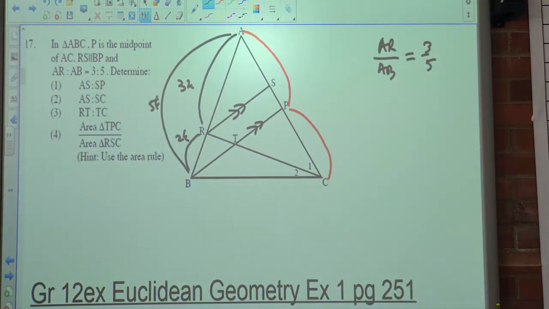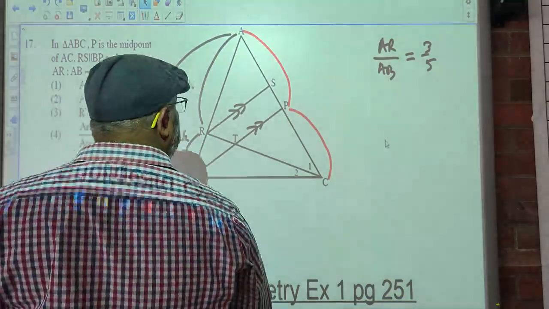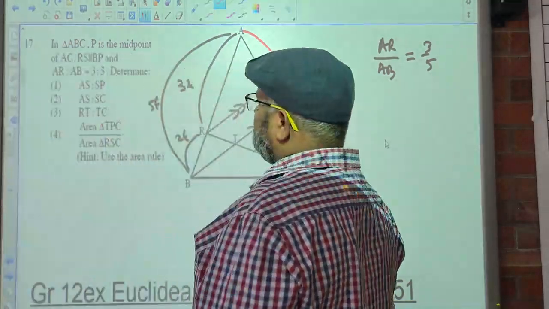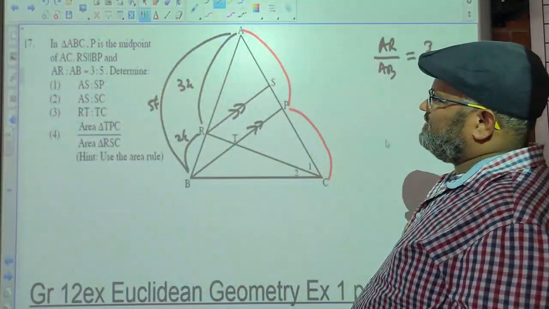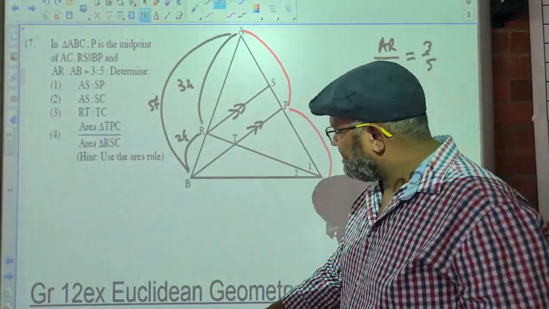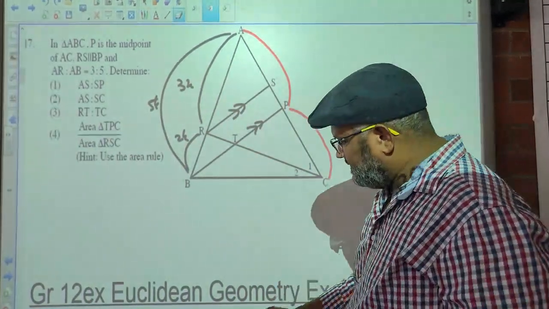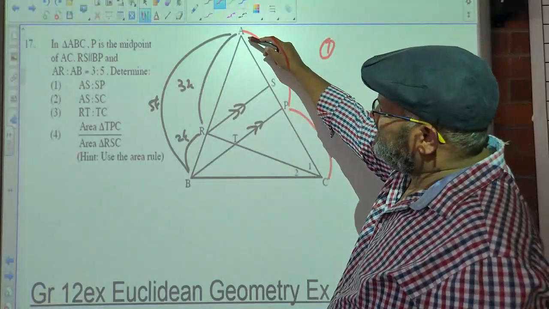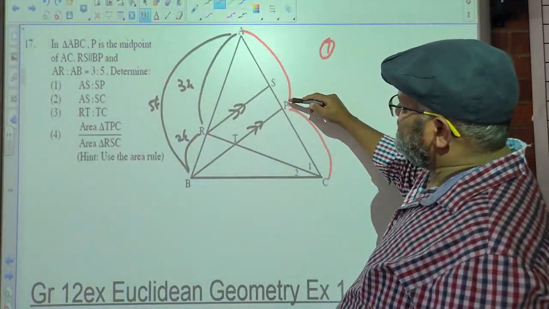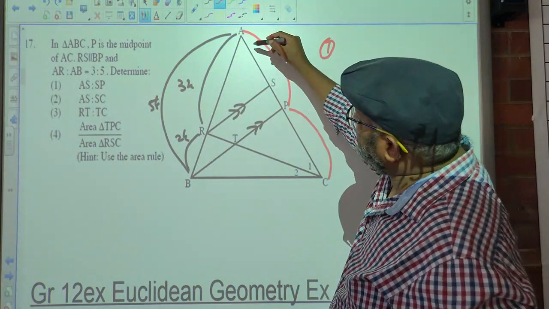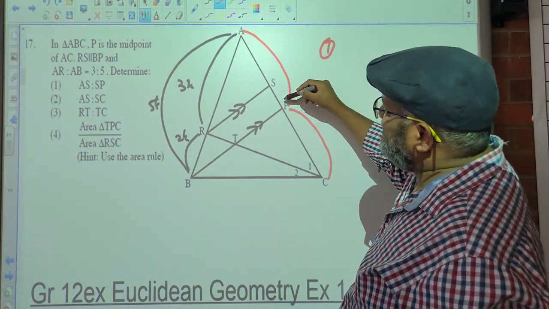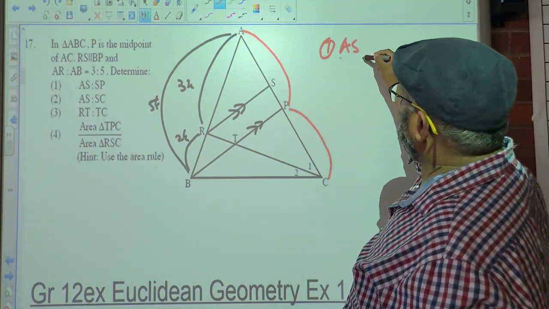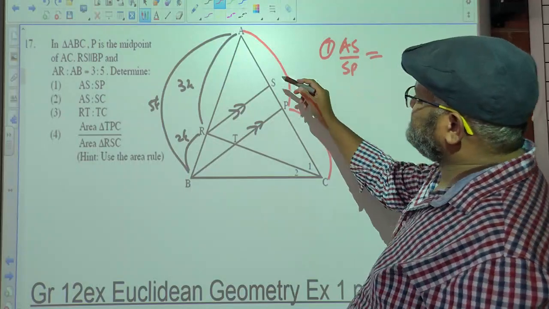Okay. The question says determine AS is to SP. Okay. So number 1. AS is to SP. But we know that AS over SP is equal to what?